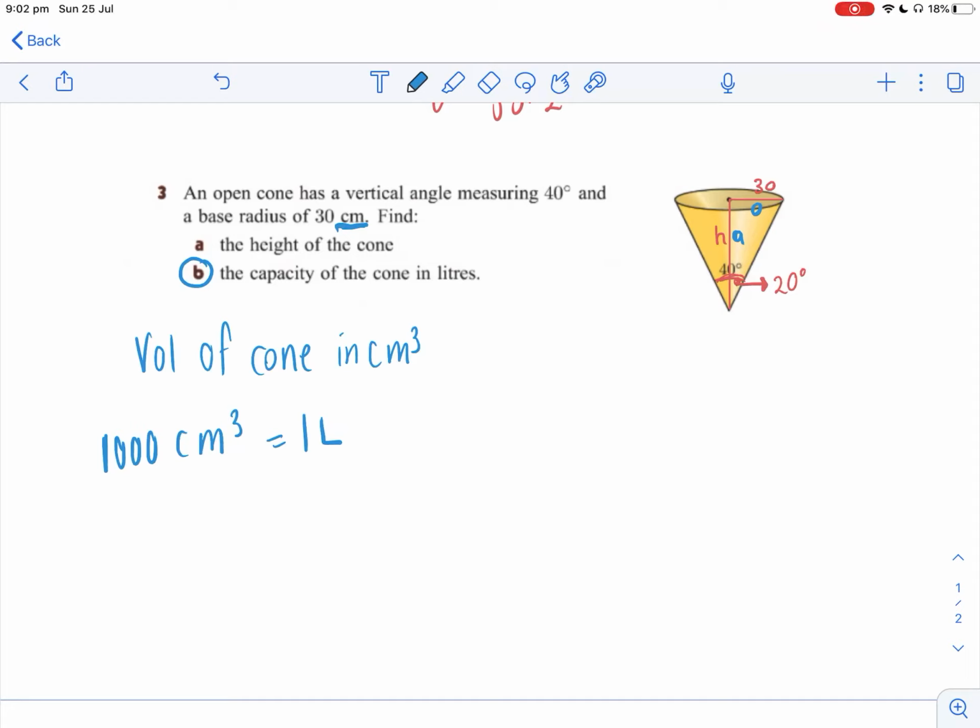Now, to find the volume of a cone, I'll just give you that bit of information. Hopefully you still remember it. It's 1/3 pi r squared times by the height.